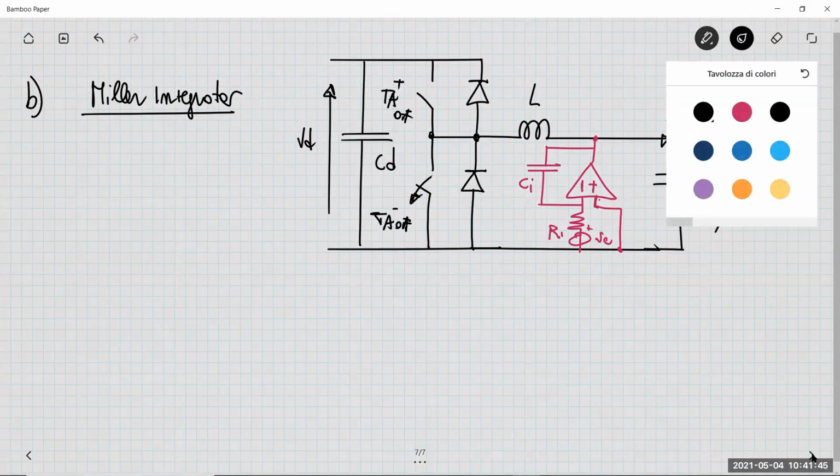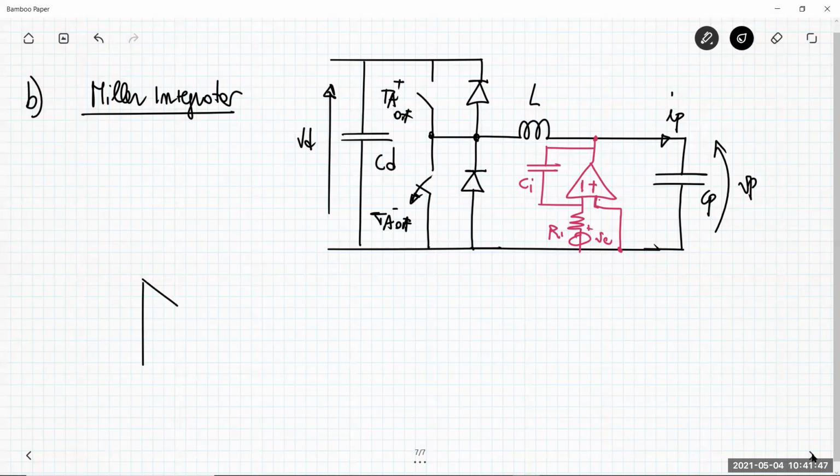Employ an operational amplifier. Let me put it in the standard, well-known form.